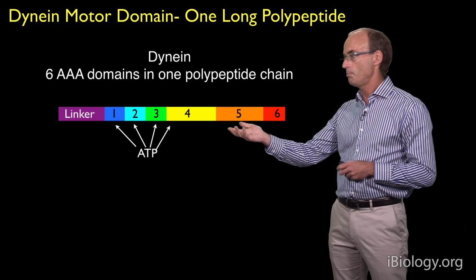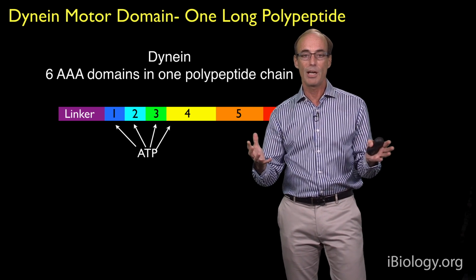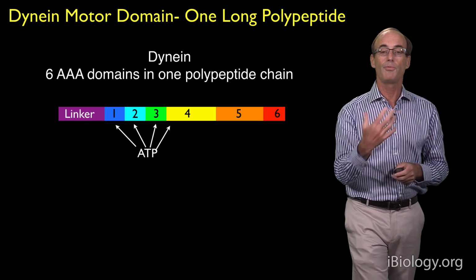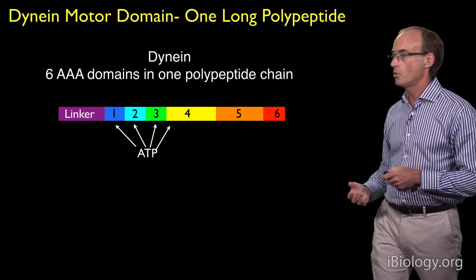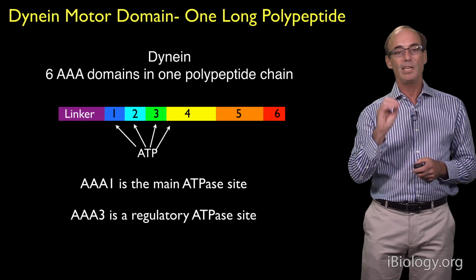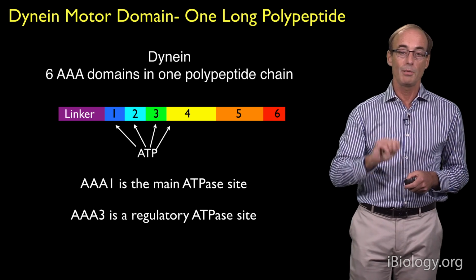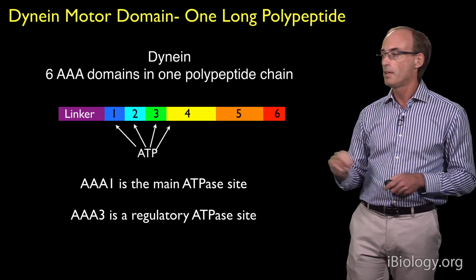And because they're in one polypeptide, they've each evolved different amino acid sequences over time and have evolved different functions. So AAA1, for example, is the main ATPase site of dynein. So this is what is really responsible for driving motility, as I'll show you later.